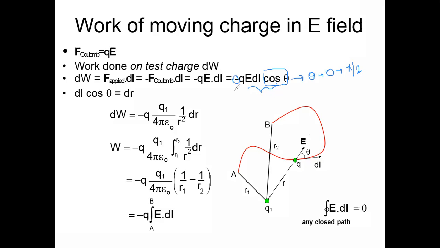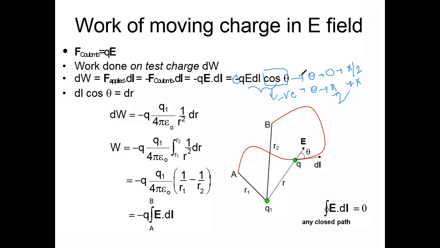Now, case 2. Suppose theta is greater than pi by 2, so suppose it is pi by 2 to pi. Then the value of cos theta will become negative, which means this entire quantity will become positive.